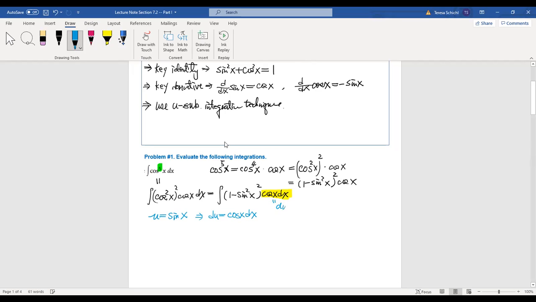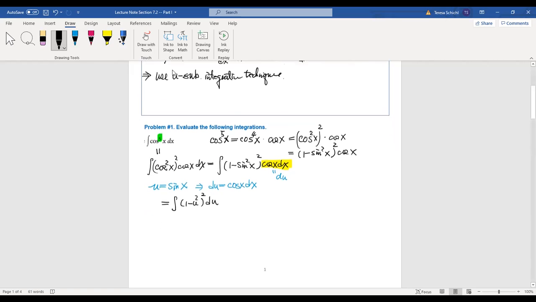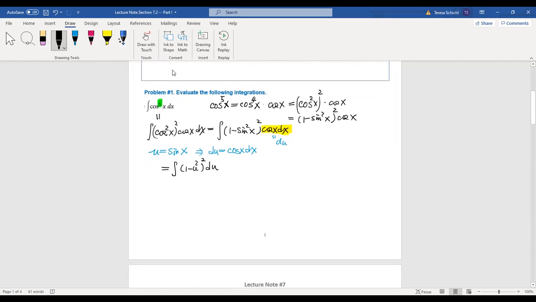Because this will become du here. Okay, now by the U-sub, this one here is 1 minus u squared, the whole thing squared, then here is du, right? Now we change this complicated trig integration to just a very simple one. So now I will just try to FOIL it.